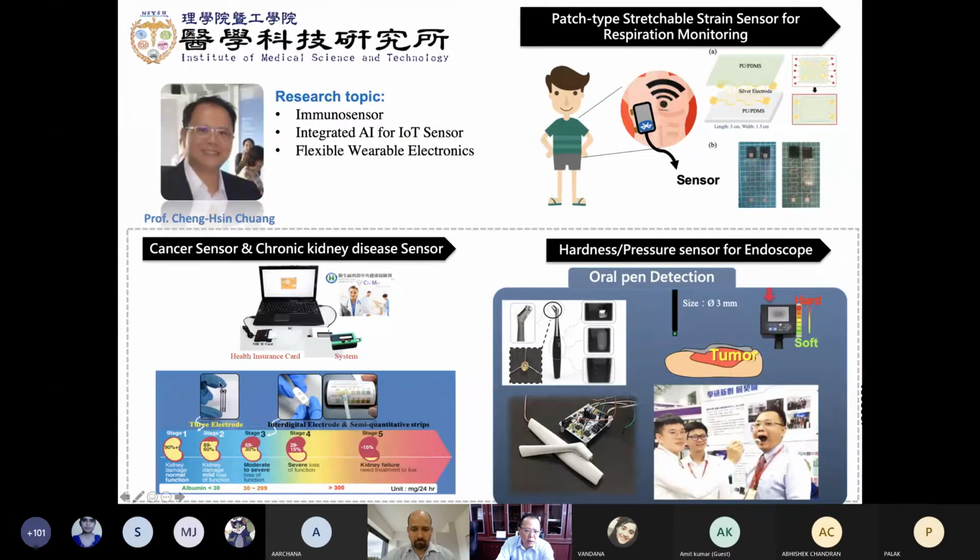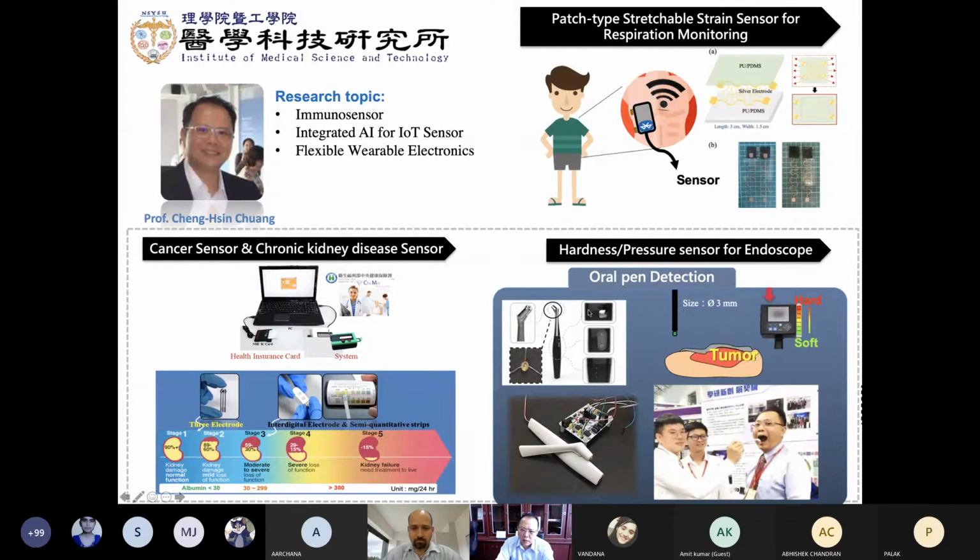And in our lab, we have been doing the electrochemical sensor for a long time, like a paper-based sensor or plastic-based sensor. Right now, we especially focus on chronic kidney disease and bladder cancer. So in our lab, we try to do the smart sensor for urine-based sensing, okay.